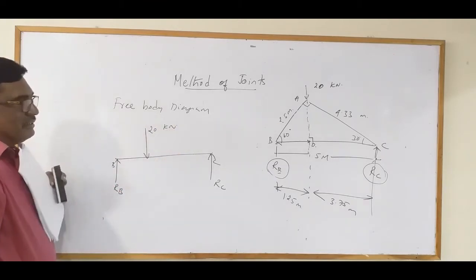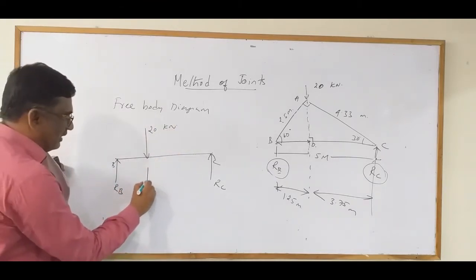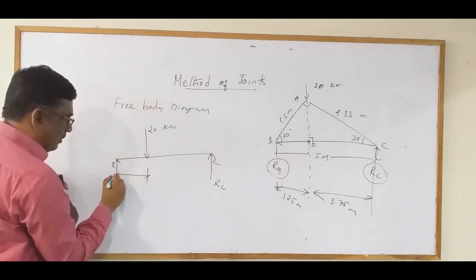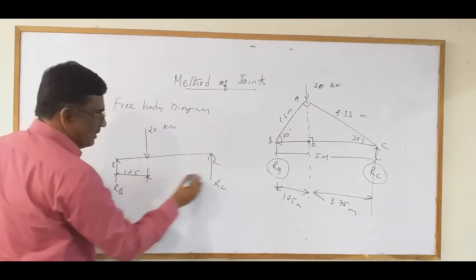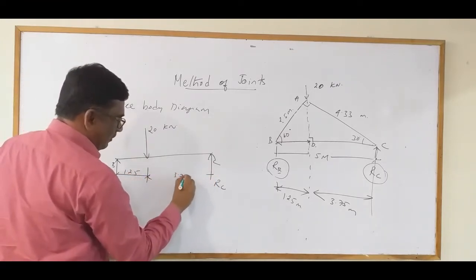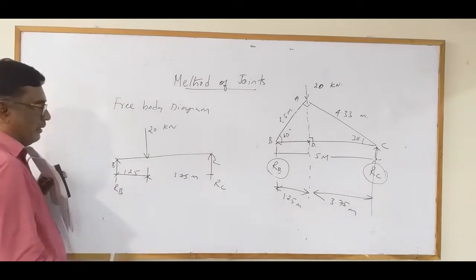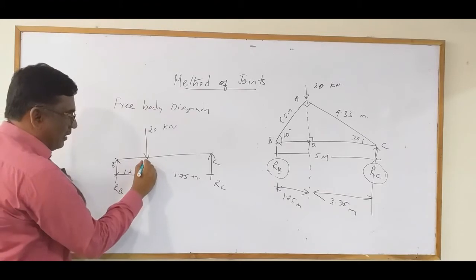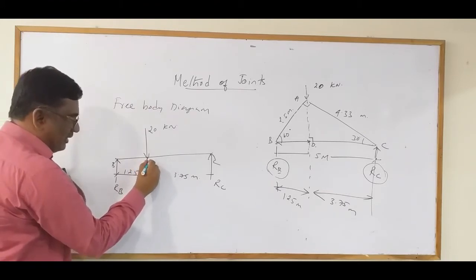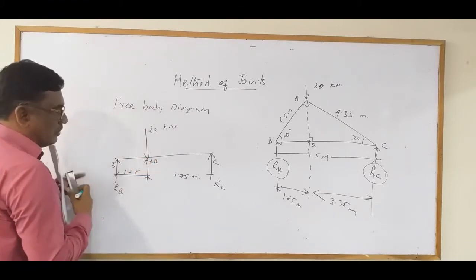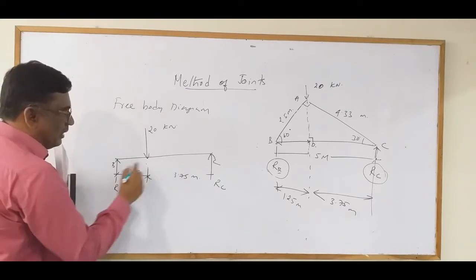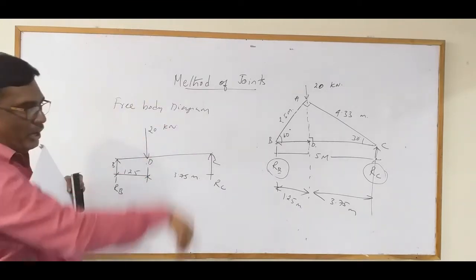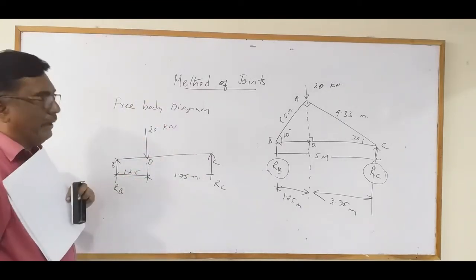This distance is 1.25 and this is 3.75. Point A has come down to point D, so within the bracket you can write A also for your remembrance. So this is the free body diagram.